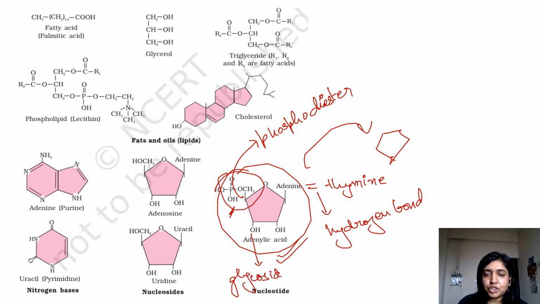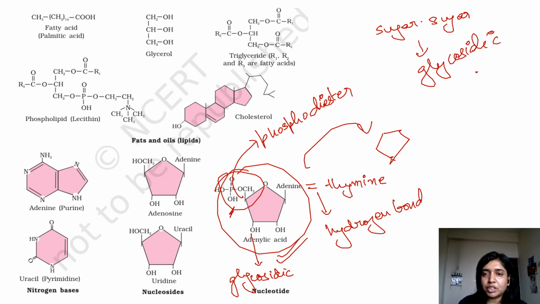Whenever we are talking about sugar to sugar bond, it is known as glycosidic. So in your nucleotides, you see one glycosidic bond. When we're talking about bond between phospho group and sugar, it's known as phosphodiester.